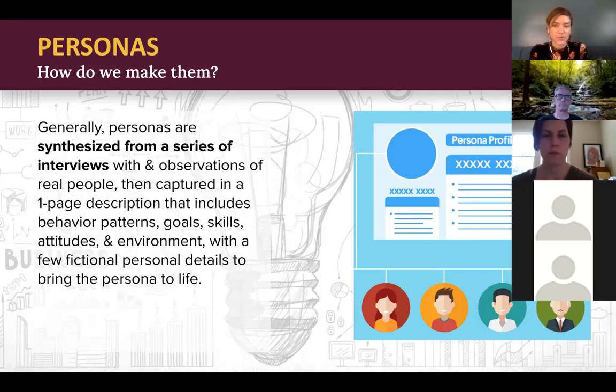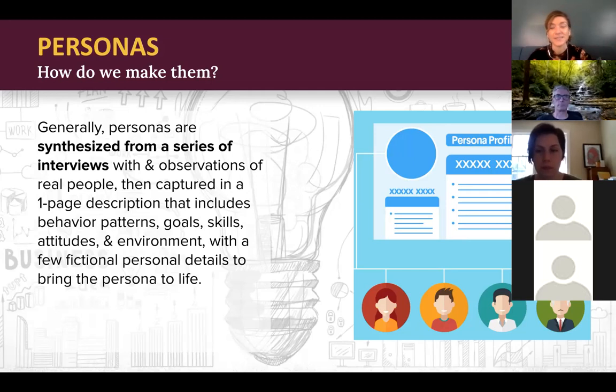And I'll go into what that one pager entails, but it's mainly going to include things like behavior patterns, goals that they have, skills that they might bring, attitudes, their environment, and other motivating factors that are relevant to the design that you're making.